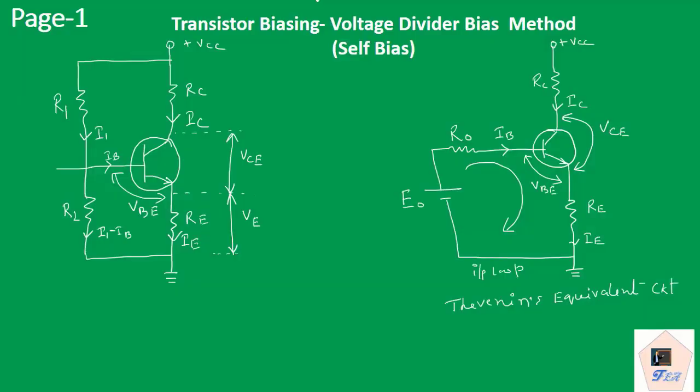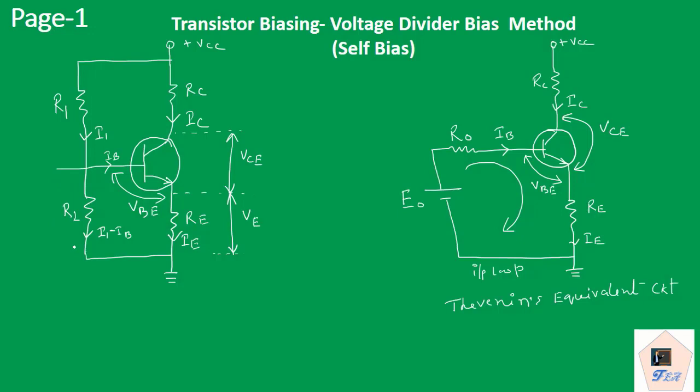So this is the self-bias circuit, and earlier we analyzed this circuit. Now we shall do a different kind of analysis here, and we'll be finding the Thevenin's equivalent circuit for the self-bias circuit. For those who have not studied Thevenin's theorem, to make it easier, this entire network will be reduced to one resistor and one voltage source.